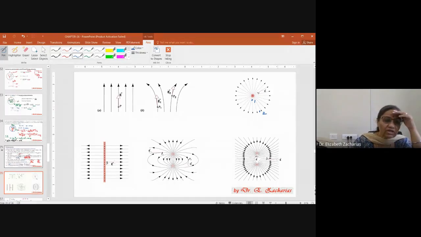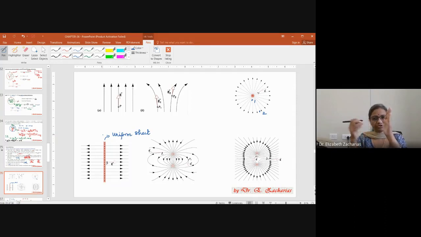Now let's come to the next picture here. So what you have here is a uniform sheet. It's not a line, okay? It's a uniform sheet. You're able to see only the side of the sheet, so you're seeing it as a line. And it's positive, uniform. So what is happening? We have seen in the last class, the electric field will be out of the positive plate, and for points close to the plate, it will be uniform.